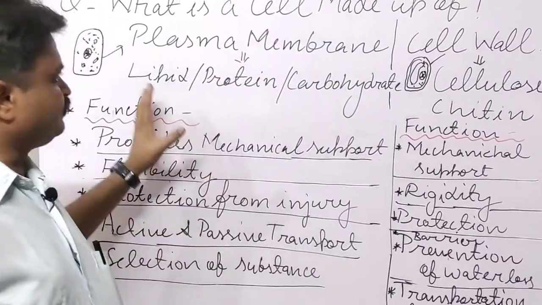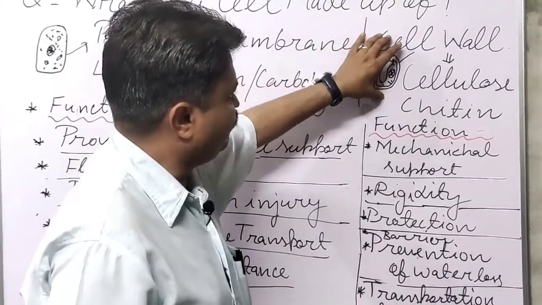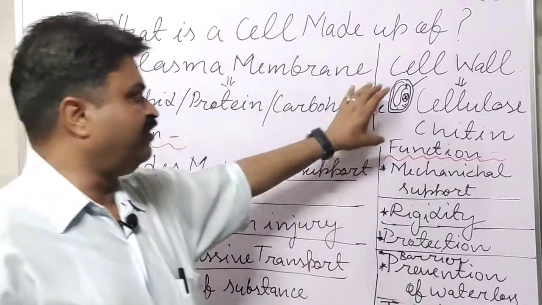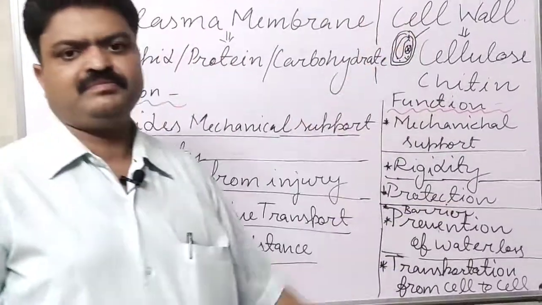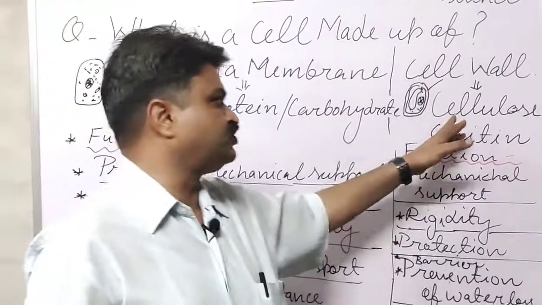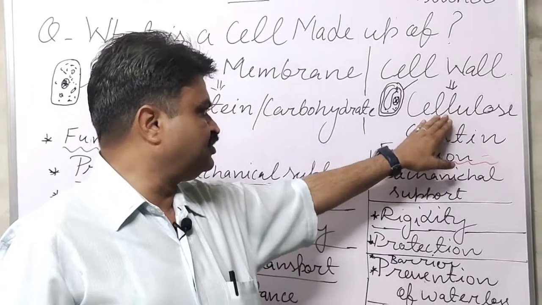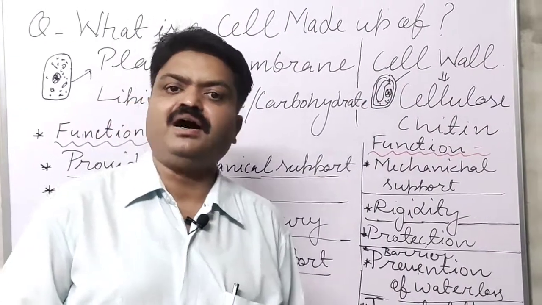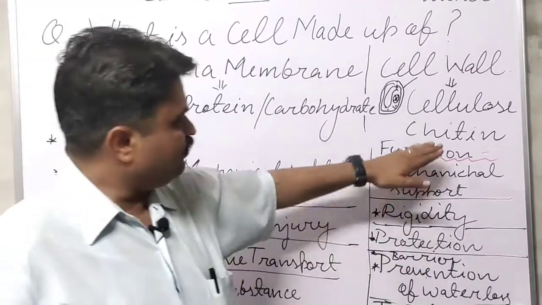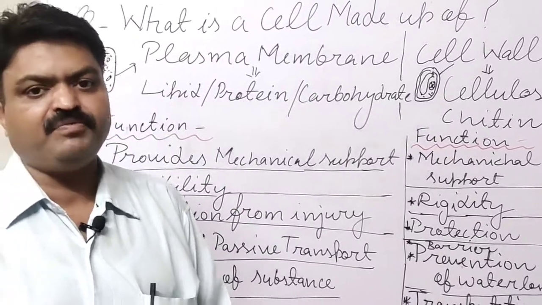With this, a cell is also made up of, in the case of plant or fungi, student, it is covered by a cell wall, and that cell wall is made up of cellulose, student. With the help of cellulose it is made, and it is the outer covering of the cell in the case of plants. And the fungi cell wall is made up of chitin, student.